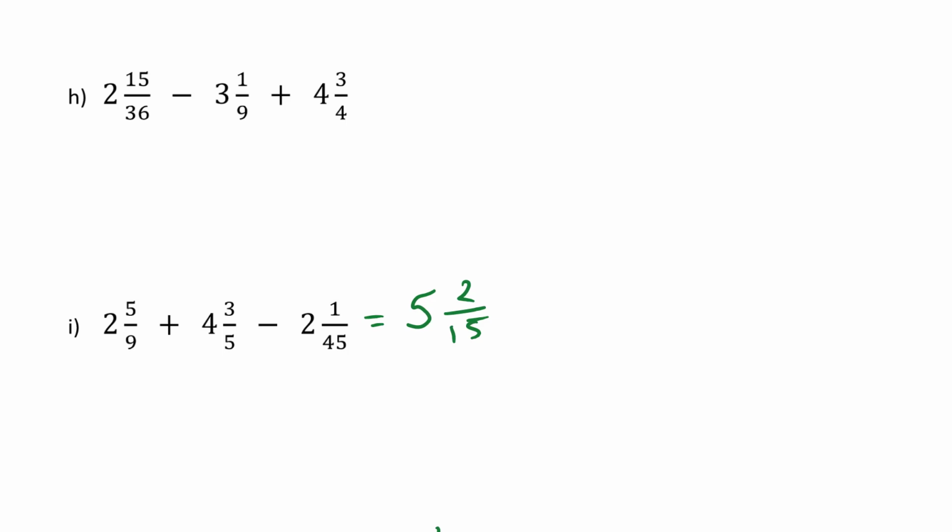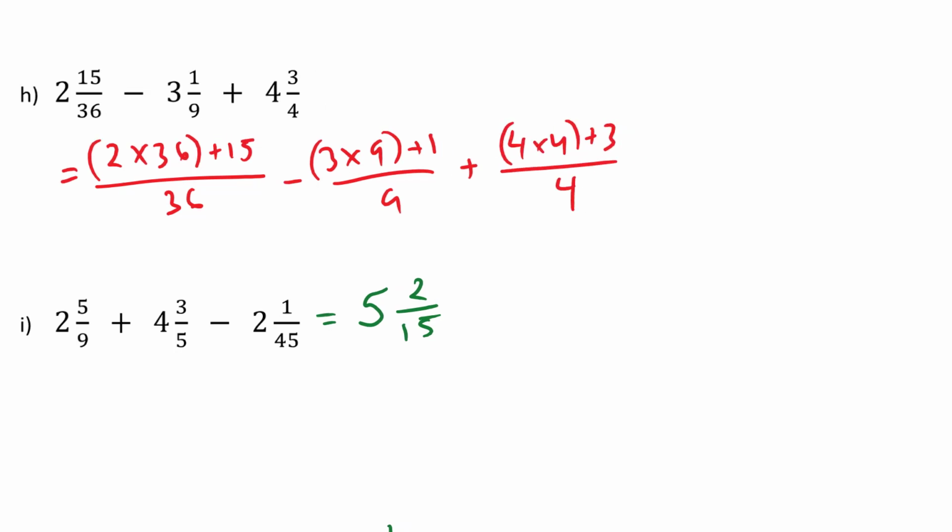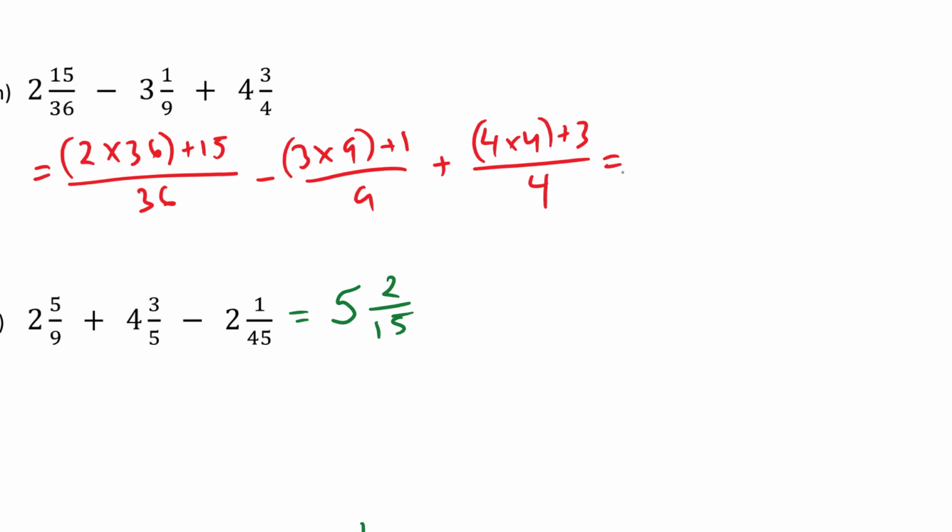So what do we have here now? 2 times 36 plus 15 over 36, minus 3 times 9 plus 1 over 9, plus 4 times 4 plus 3 over 4. 2 times 36 is 72 plus 15, 87 over 36. 3 times 9 is 27 plus 1 is 28 over 9, plus 4 times 4 is 16 plus 3 is 19 over 4.